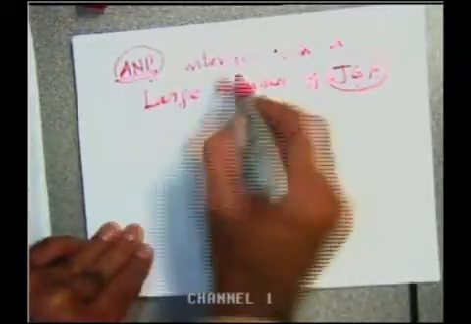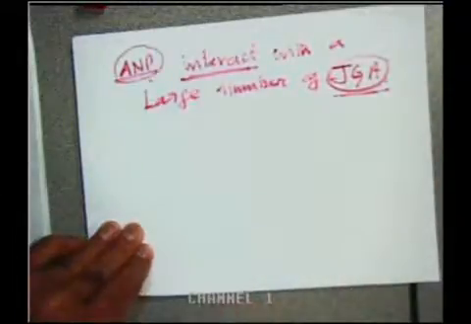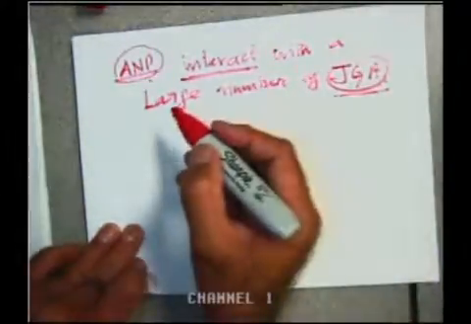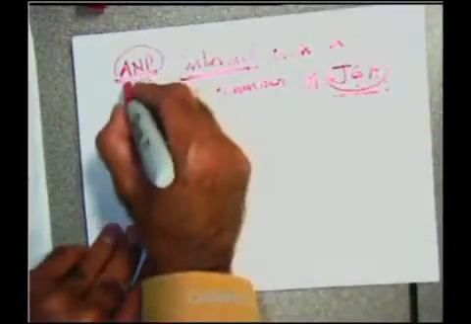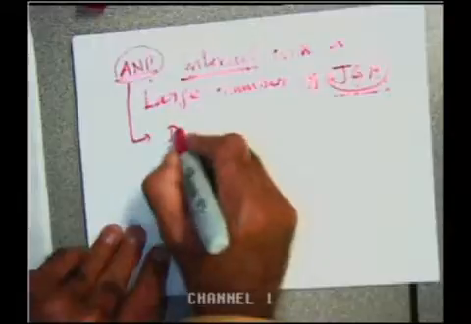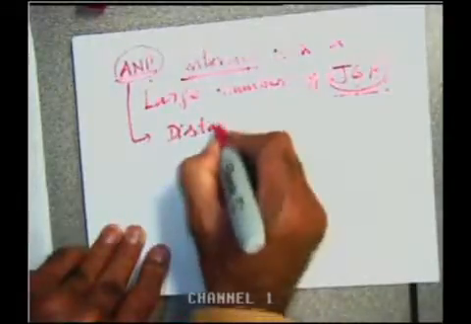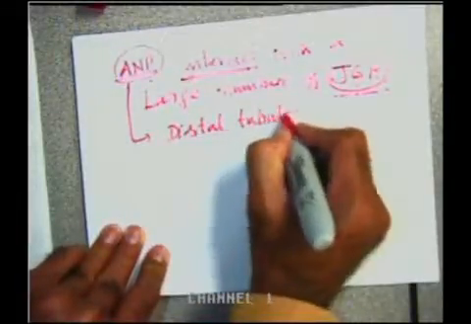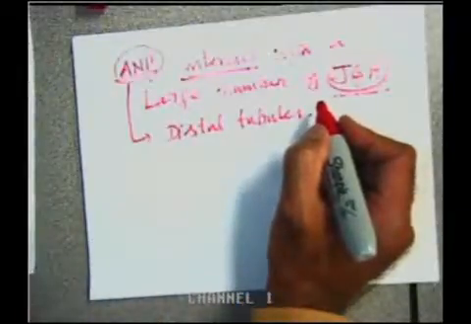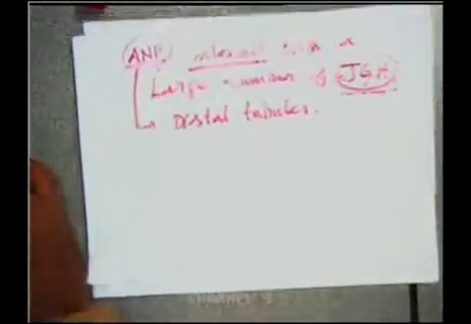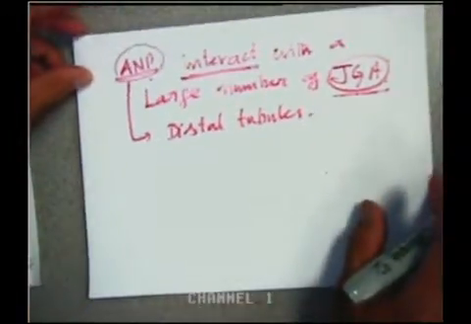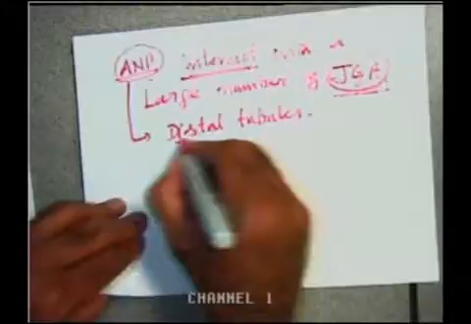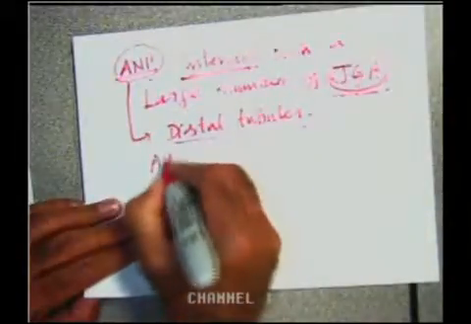This is a small peptide, and it will interact with a large number of JGA. What will JGA do? Renin, and that process we just discussed. And besides the JGA, the ANP can also act on distal tubules. You know about the recovery, right? So the ANP acts on distal tubules.